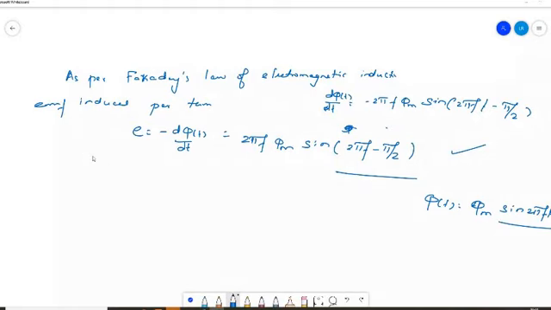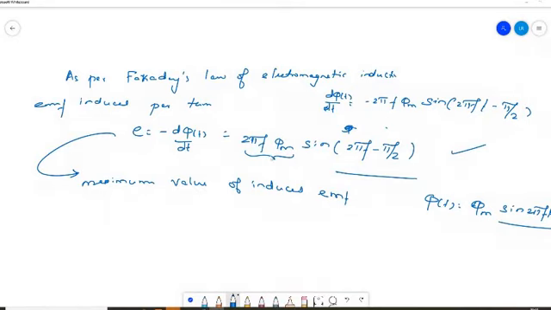Now, what is the maximum value of this induced EMF? That you can very well get if you look at the magnitude.